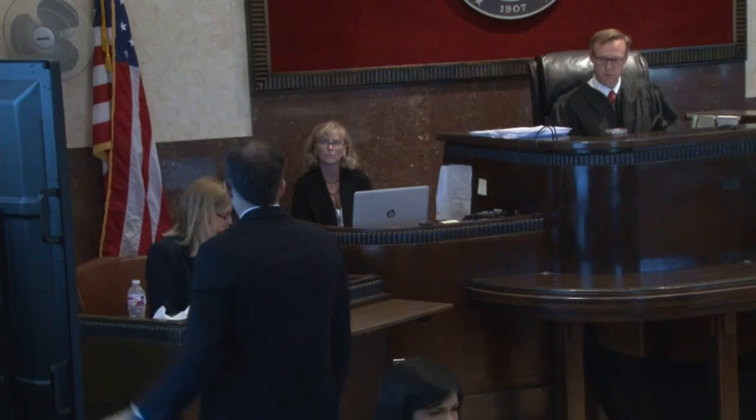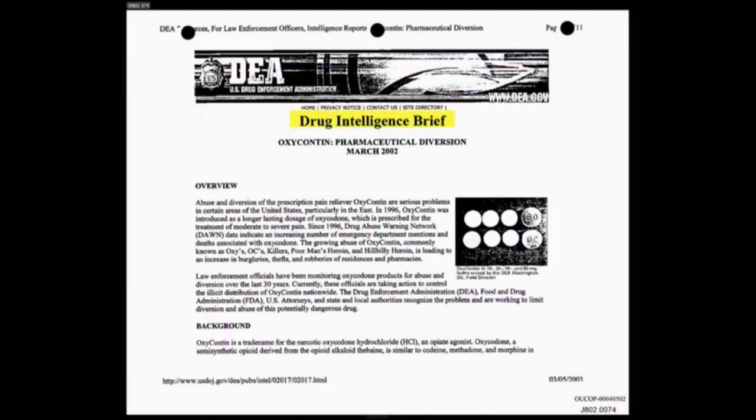So this is a Drug Enforcement Agency report that was included in the materials that were provided to DURB members in March of 2003, right? It appears to be. And that drug intelligence brief is actually dated March 2002, and it's on OxyContin pharmaceutical diversion, right? That's what it says?